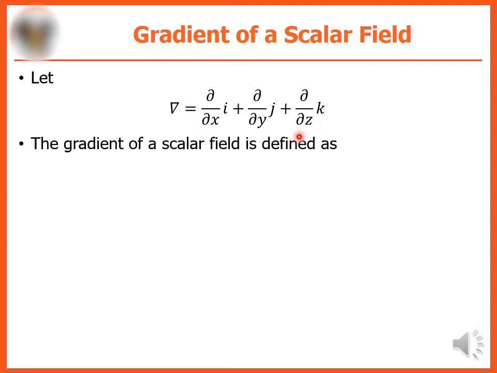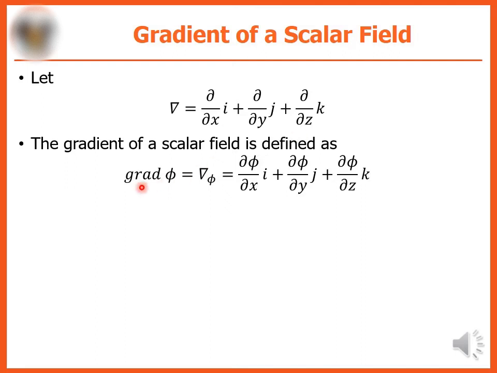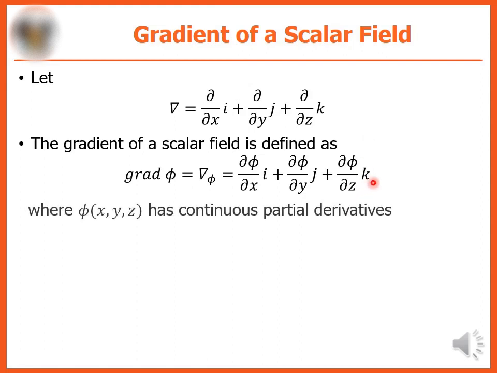Now, the gradient of a scalar field is defined as the gradient of phi, which is nabla phi, equal to the partial derivative of phi with respect to x times i, plus the partial derivative of phi with respect to y times j, plus the partial derivative of phi with respect to z times k, where phi of x, y, z has continuous partial derivatives.